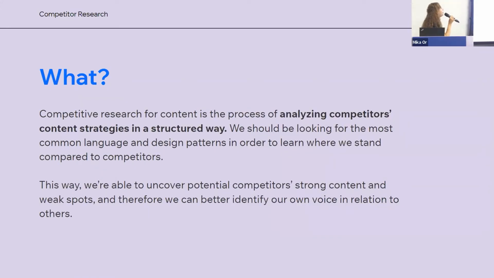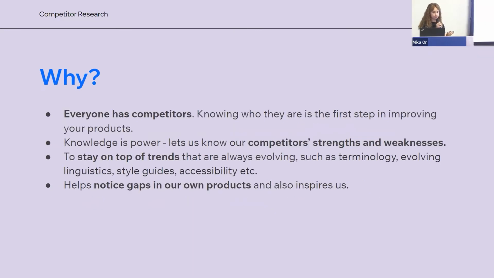So it's also the process of analyzing competitors' content strategies in a structured way. We should be looking for the most common language and design patterns in order to learn where we stand compared to our competitors. And by doing this, we're able to uncover potential competitors' strong content and weak spots, and therefore we can better identify our own voice in relation to others.